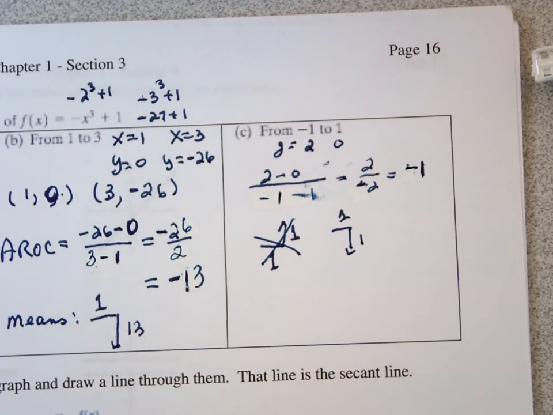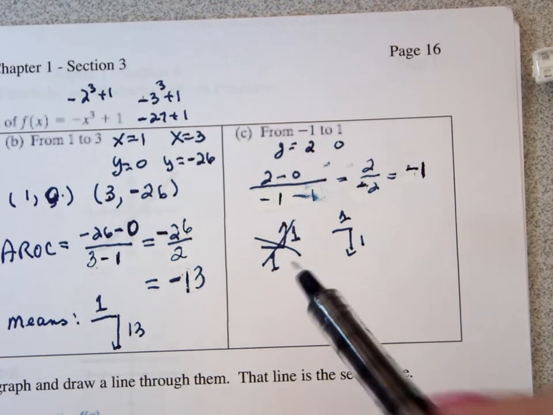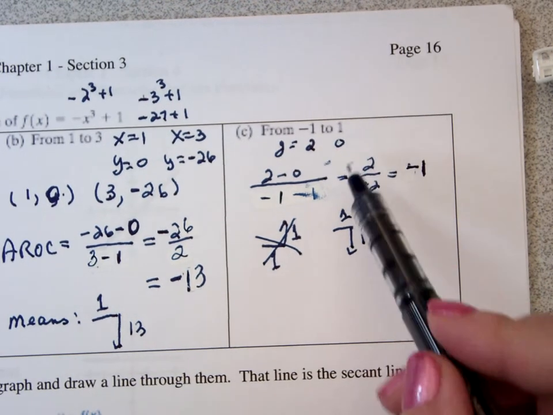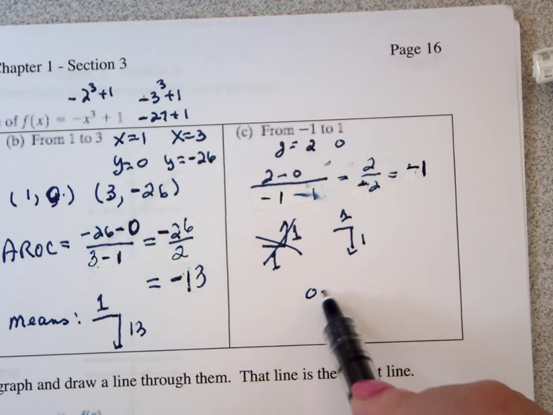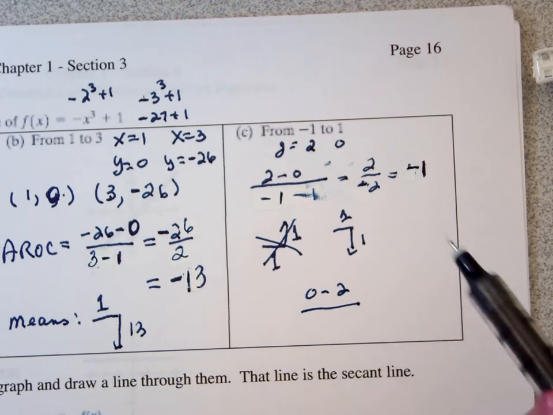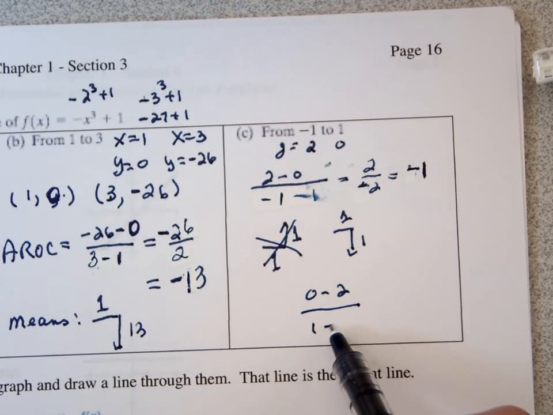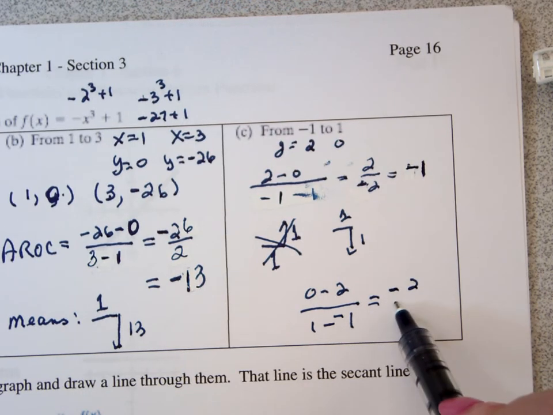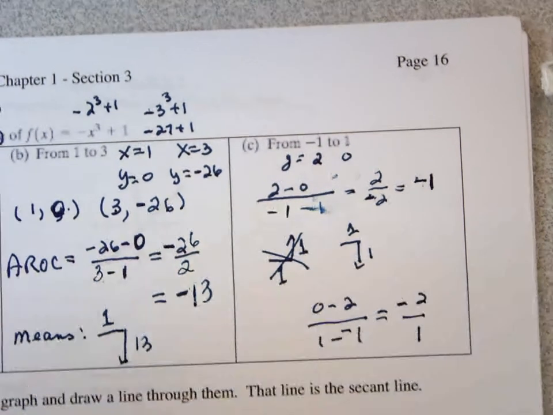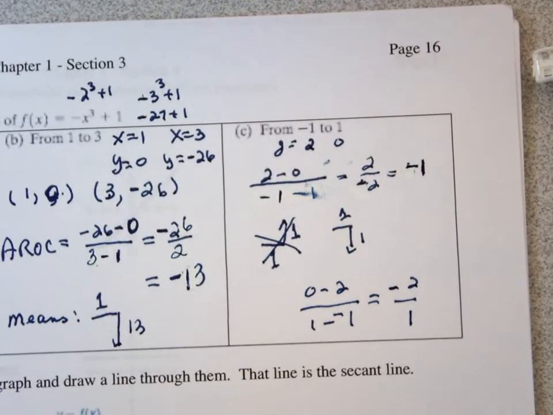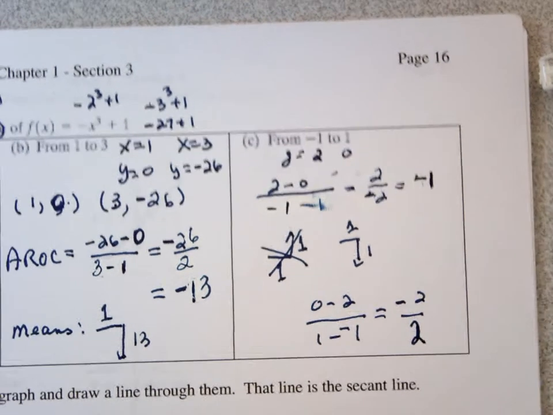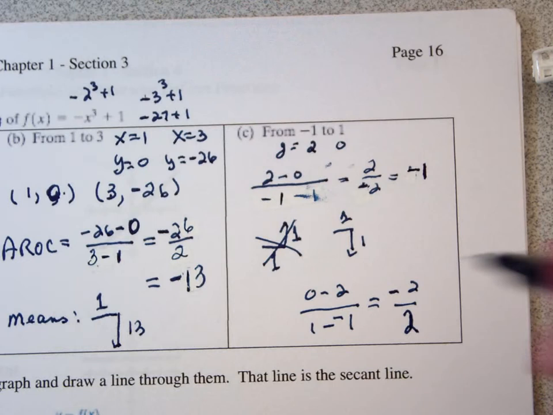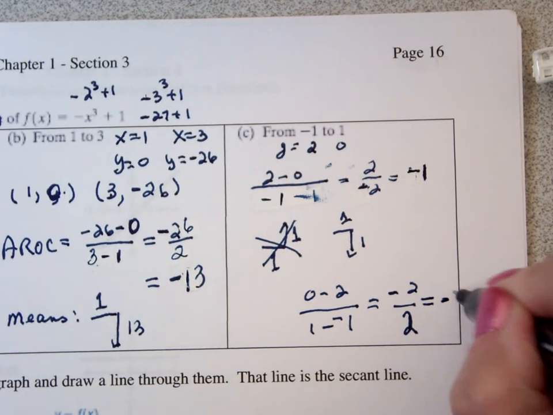But isn't it x2 minus x1? Well, it doesn't matter. If I go 0 minus 2 divided by 1 minus a minus 1, this gives me negative 2 over positive 2, which still gives me negative 1. But that's x1 minus x2.